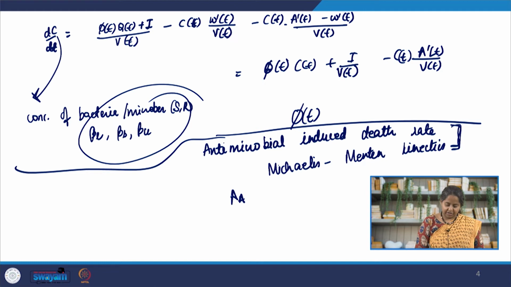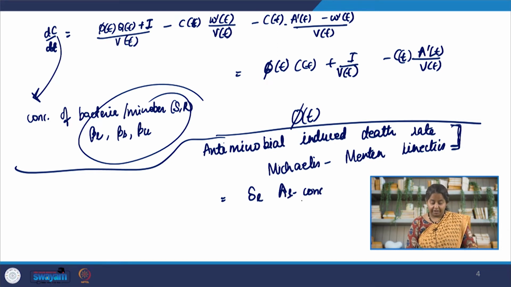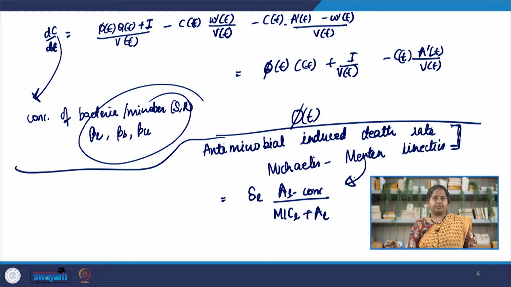The rate at which the antimicrobial related death will happen will be equal to delta L times the concentration of antibiotic, which is AL, is this bacteriolytic, microbial-lytic, MIC L, I'll tell you what these are, plus AL. So this is just parallel with Michaelis-Menten kinetics.